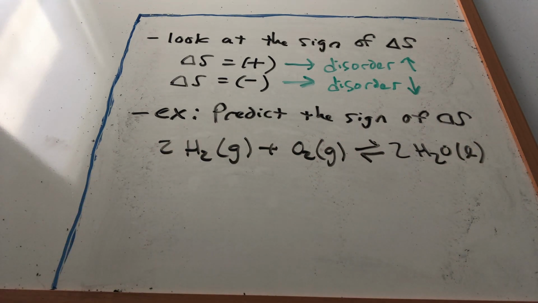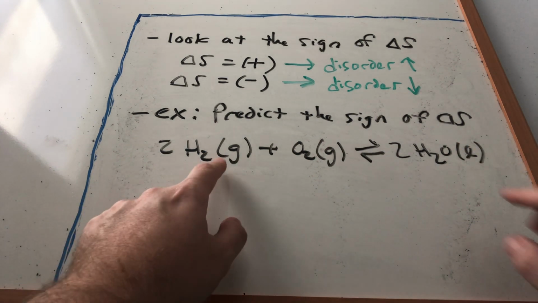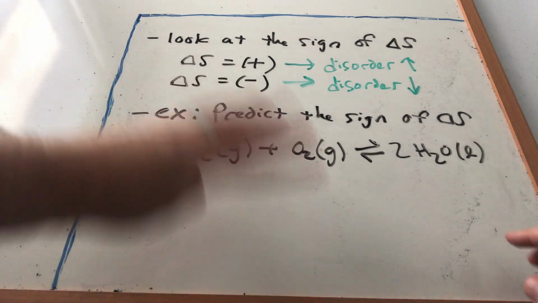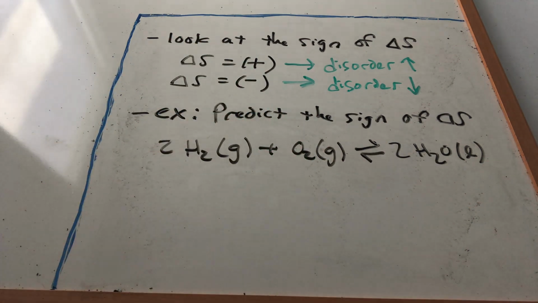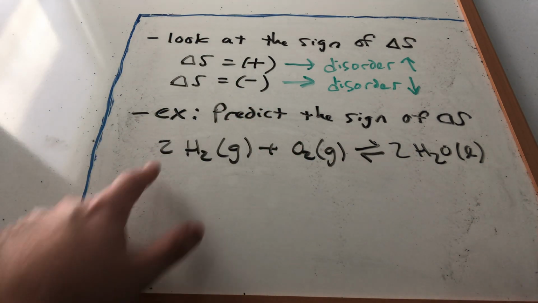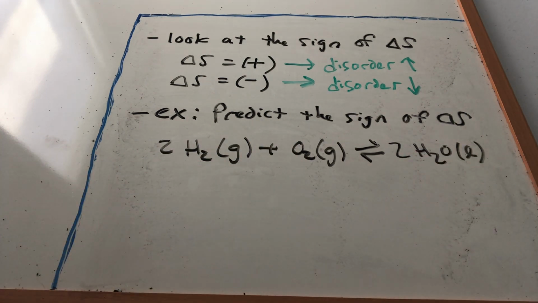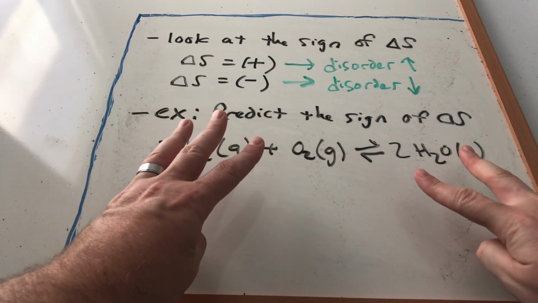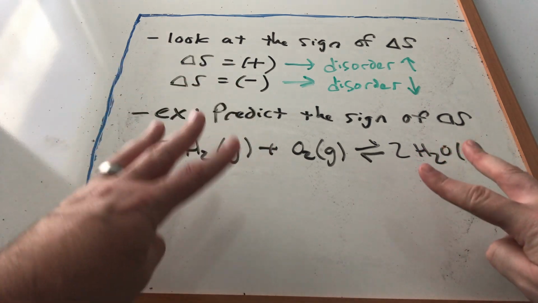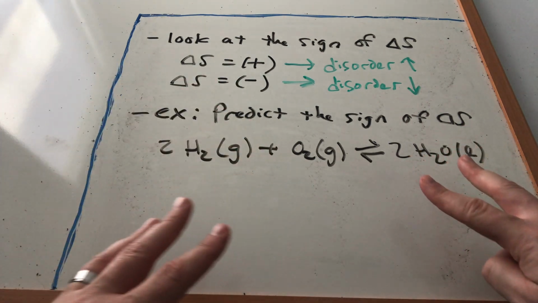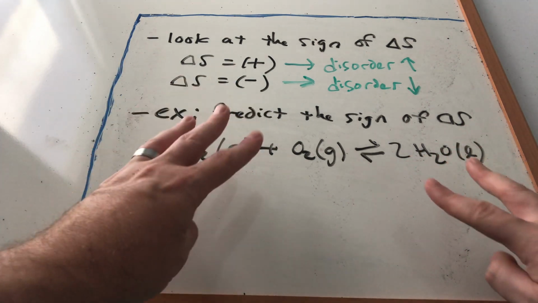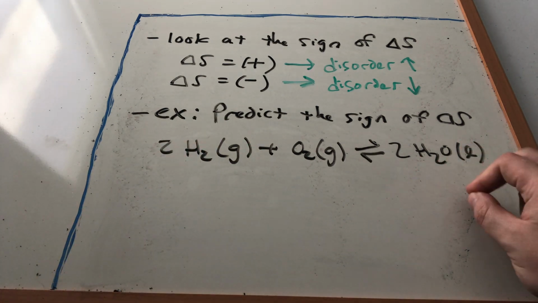Let me say that again one more time. From a state standpoint, motion has gone down, so order has gone up. From a number of particles standpoint, 3 became 2. So there's a condensation of particles. They condensed. 3 became 2, so order has gone up.